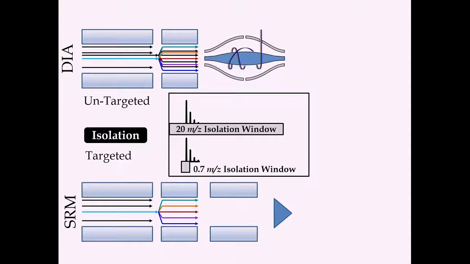The second key difference is one is untargeted and one's targeted. In one, the target peptide can fall anywhere in the isolation window. In the case of targeted, you actually set the window at the targeted mass of interest. In one case, it's narrow. In the other case, it's wide.